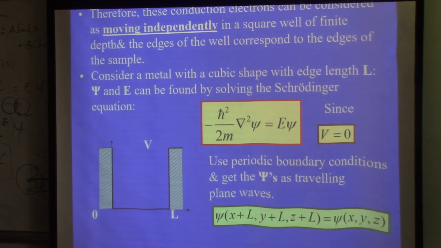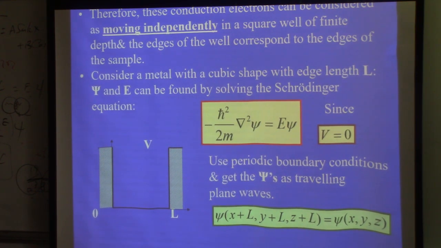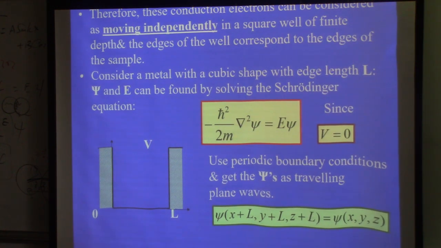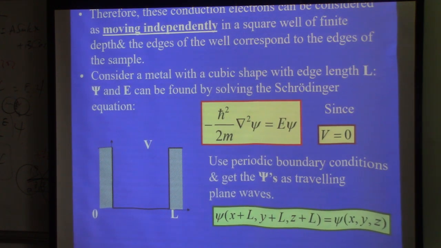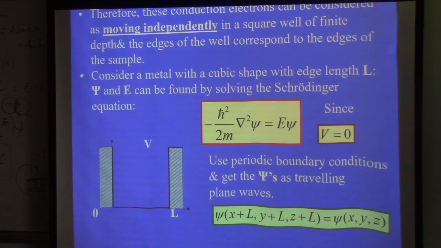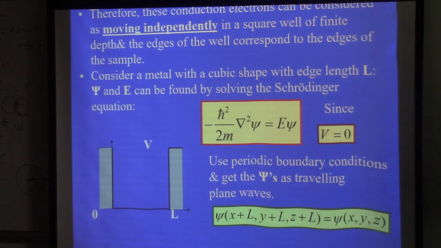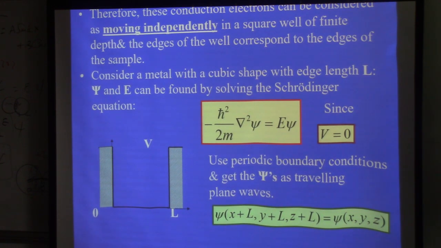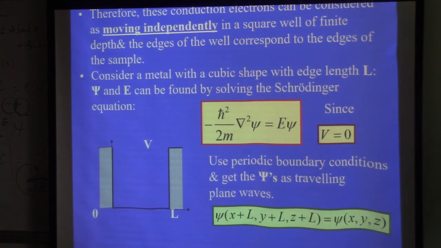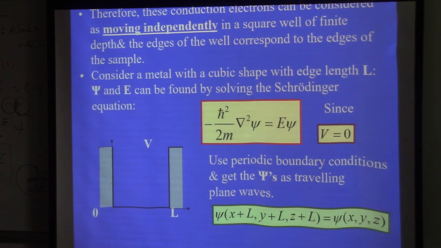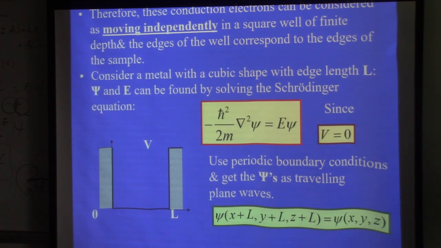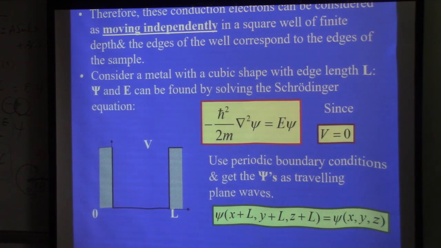That means you can write k as nπ/L, so I can call this kₙ, related to n. Now I can write the energy for the nth state as Eₙ = ħ²π²n²/2mL².